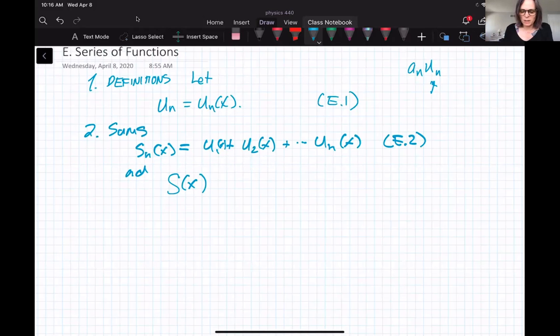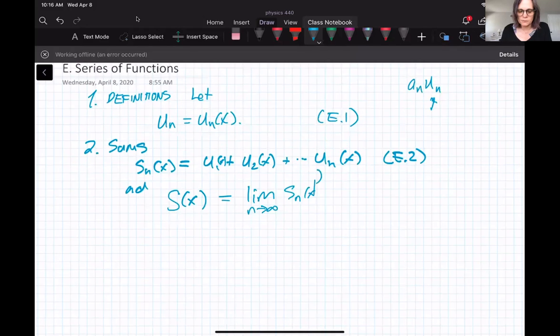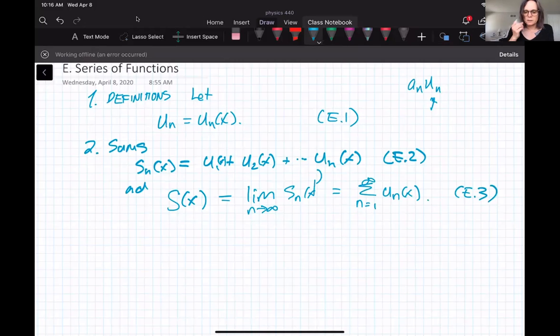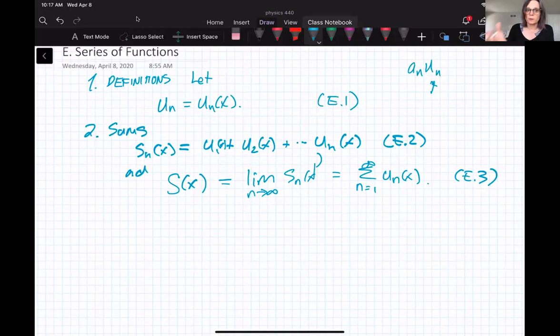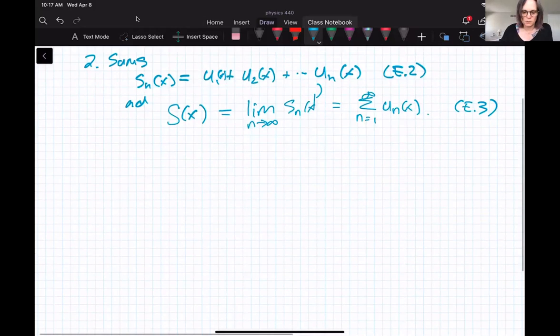And I'll get to what that means in just a second, but that is the limit, just as in the last case, as n goes to infinity, of these partial sums, where this is equal to the sum over all these terms. And what we mean by that is that we're not summing necessarily to a particular number, right? We're summing to a particular function. So if you think about, for example, Fourier series, that's essentially what we're talking about.